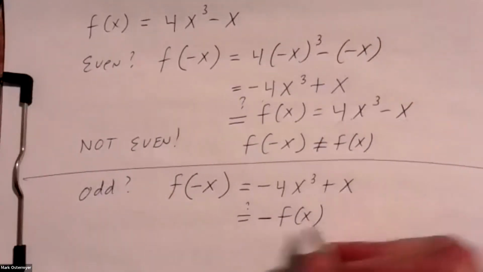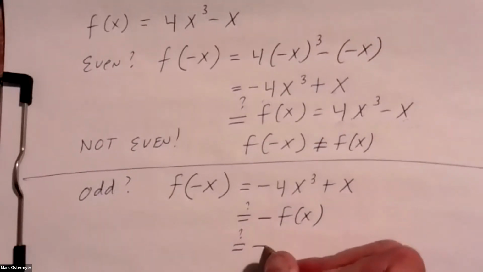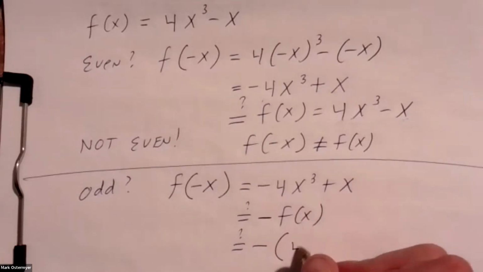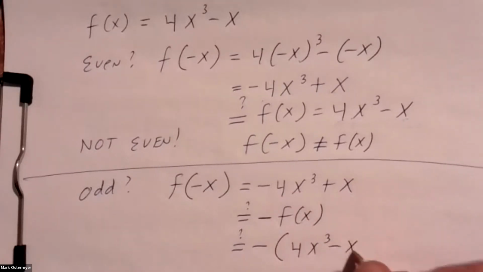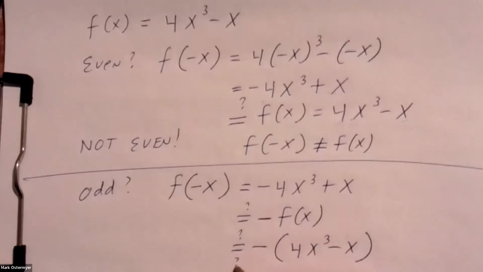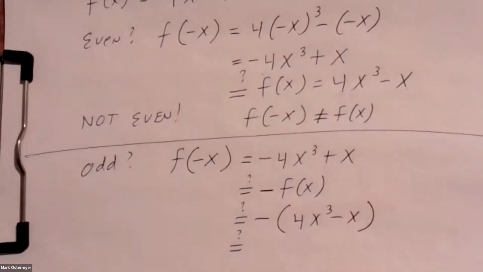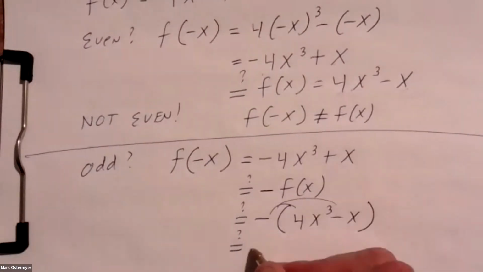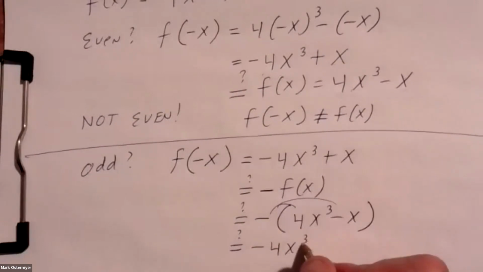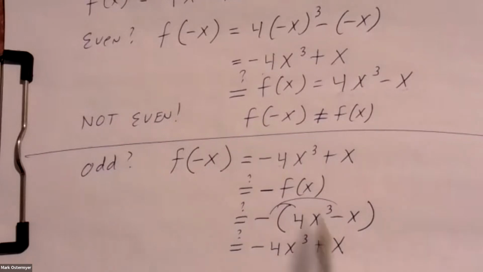In other words, is this equal to the opposite of f of x being 4x cubed minus x? In other words, is this equal to, distributing the negative sign inside the parentheses, negative 4x cubed plus x? Is that true? Well, I'll be darned, it is.